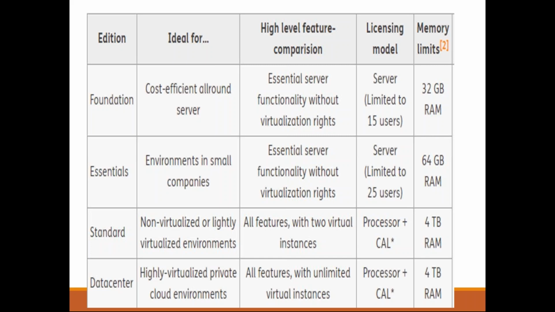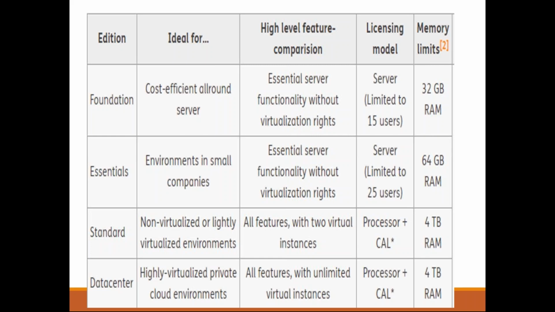Next, Standard edition is there, for non-virtualized or lightly virtualized environments. Lightly in the sense that you can create at least two or four virtual machines. When it supports virtual machines, you need to have a license based on the processor now.